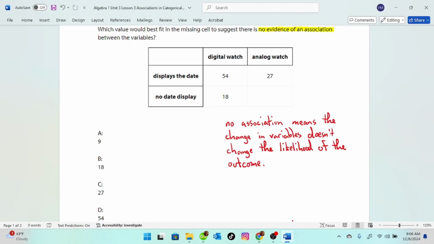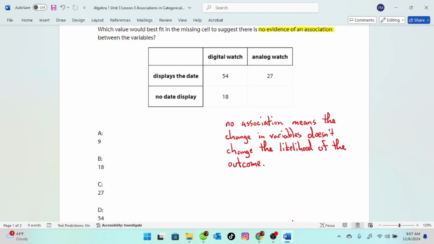whether it displays the date or it doesn't display the date, whether it's a digital watch or an analog watch. What I'll notice first is that there are twice as many digital watches that display the date as there are analog watches that display the date. So if there's no evidence of an association, then we should see the same likelihood.